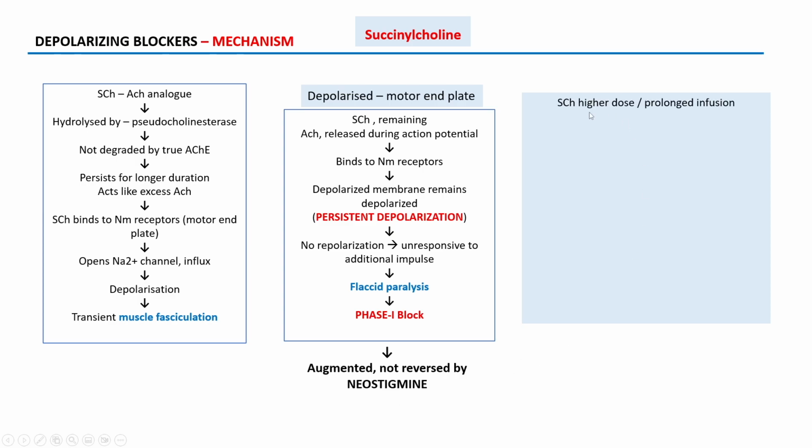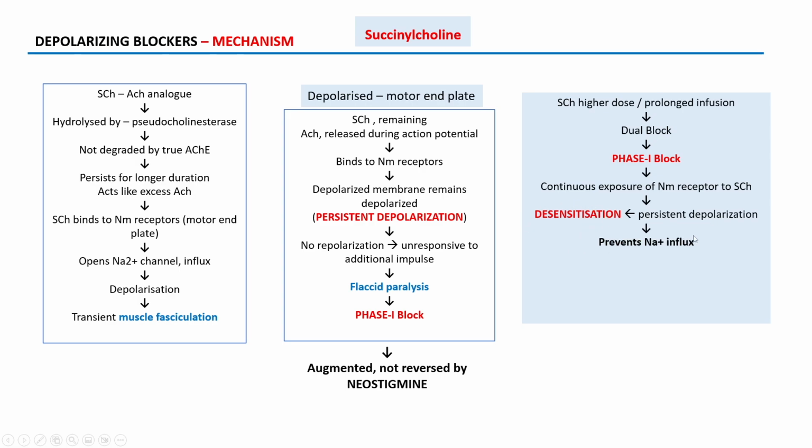Whenever you give higher doses of succinylcholine or a prolonged infusion, it leads to a dual blockade. Dual blockade means it undergoes the phase 1 block, similar to the mechanism we have explained, and following that, if there is continuous exposure of the NM receptor to succinylcholine, due to the persistent depolarization the receptor gets desensitized as well as downregulated, and this will prevent the sodium influx.